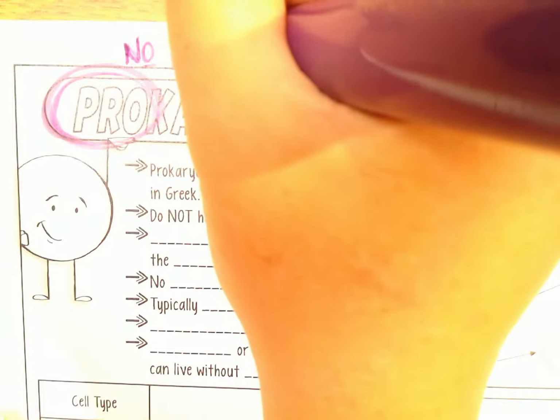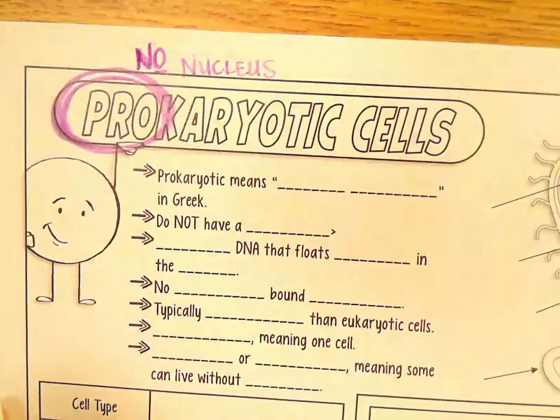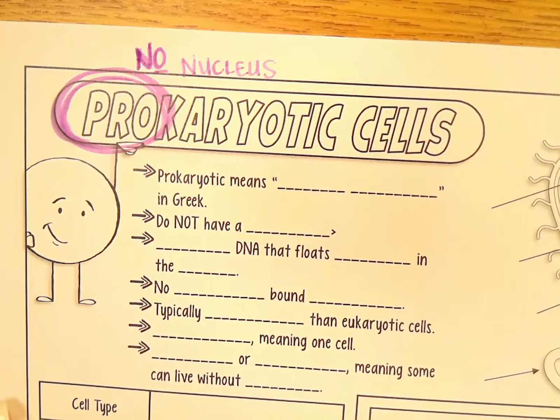They both got that O. That means no nucleus. No nucleus. Okay? And the nucleus is the control center of a eukaryotic cell.